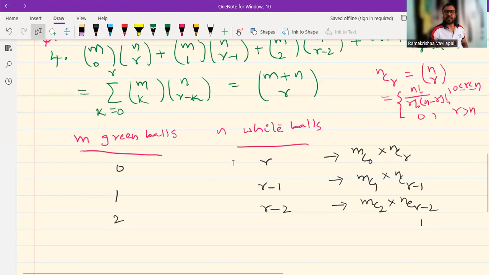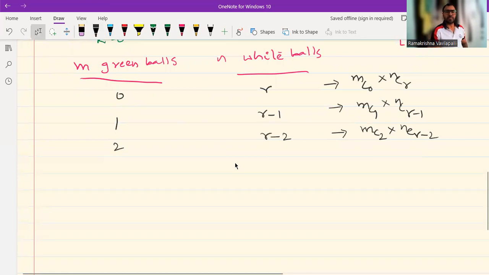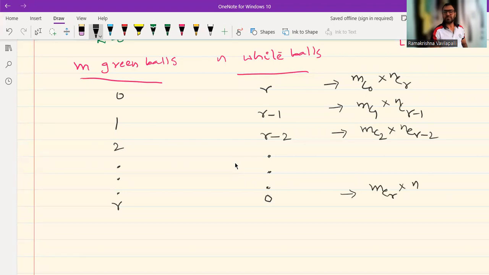In this way, at last, you can select r green balls and 0 white balls. This gives us mCr into nC0. So selecting r balls from m green balls and n white balls can be split into r plus 1 ways.